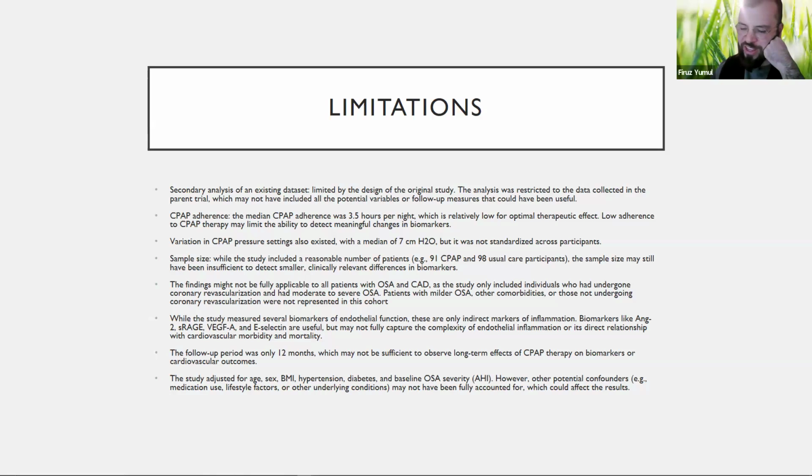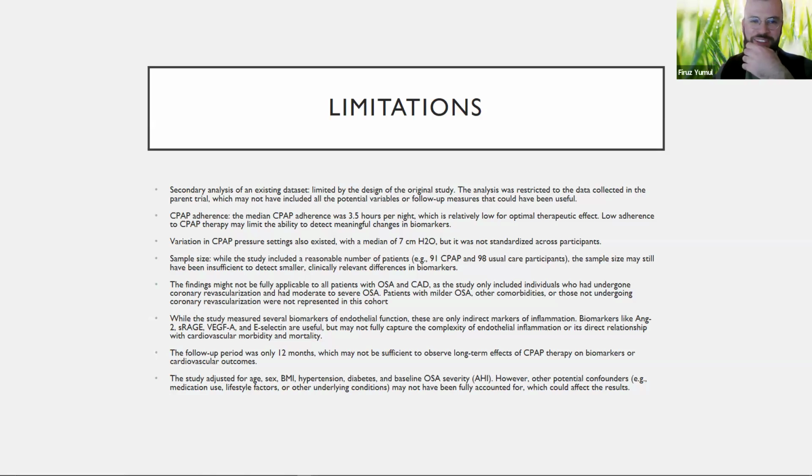No, I agree with you. I think the idea was to have a separate group, the OSA-free patients who did not have OSA at all, that just received the usual CAD care that the patients with OSA also received. I think the sample size is small, but at least their biomarkers appear to be in favor of inflammation rather than angiogenesis.